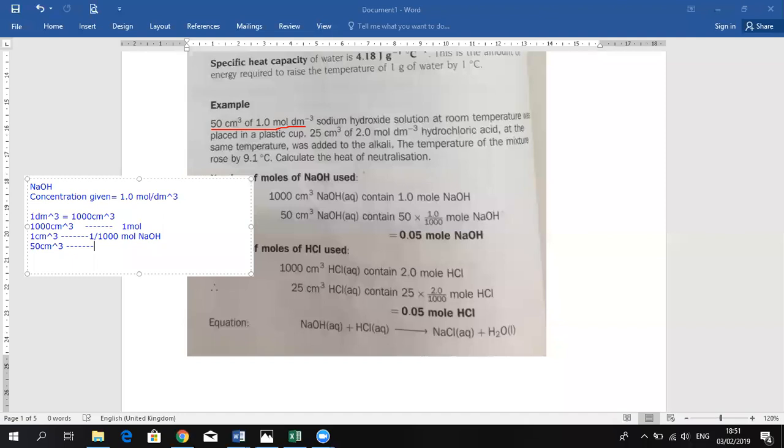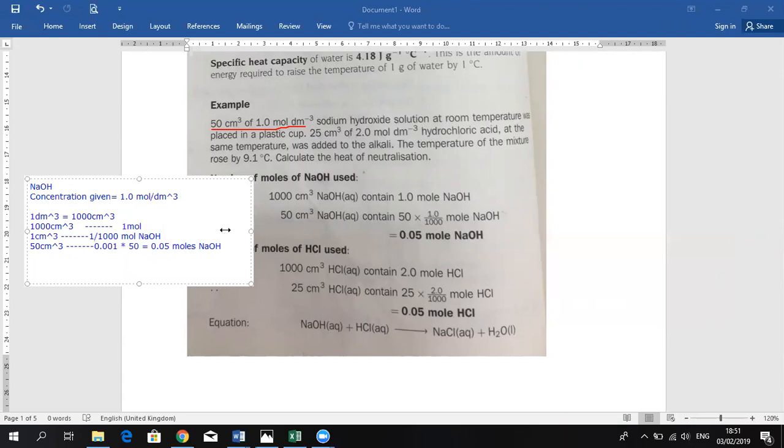That's 1 divided by 1000, which should be 0.001, multiplied by 50. That's 0.05. So 0.05 moles of sodium hydroxide is being used at the moment.